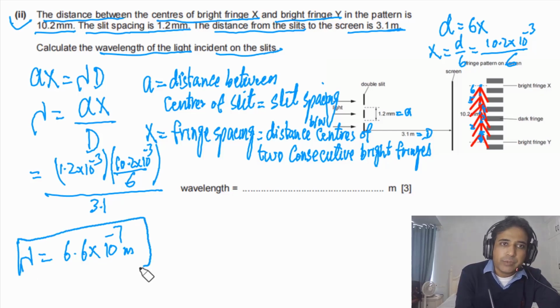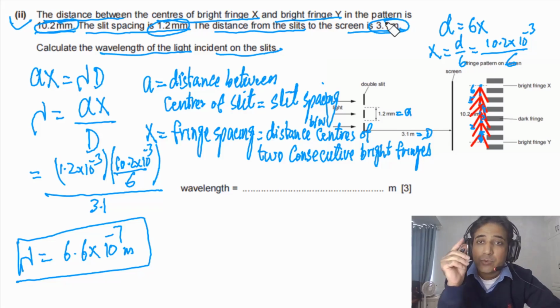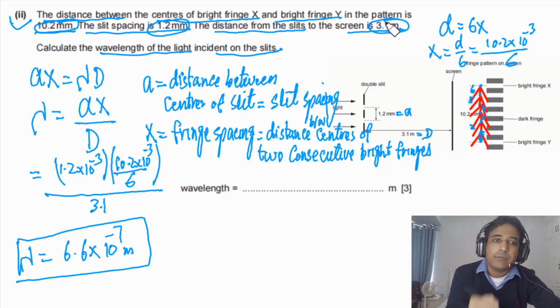Our answer should be up to 2 SF, because the given data has 2 SF. This one has 3 SF, this one has 2 SF. So in the final answer, you have to use the least number of SF in the given data.